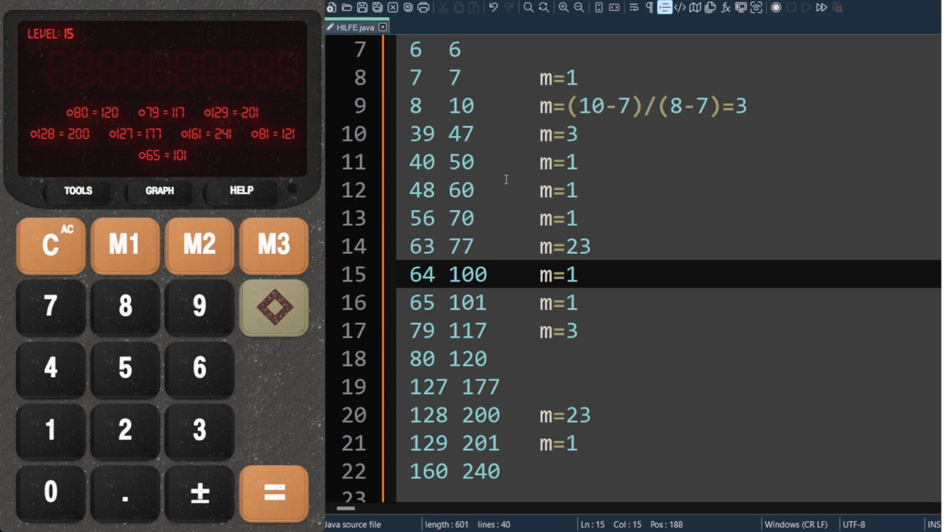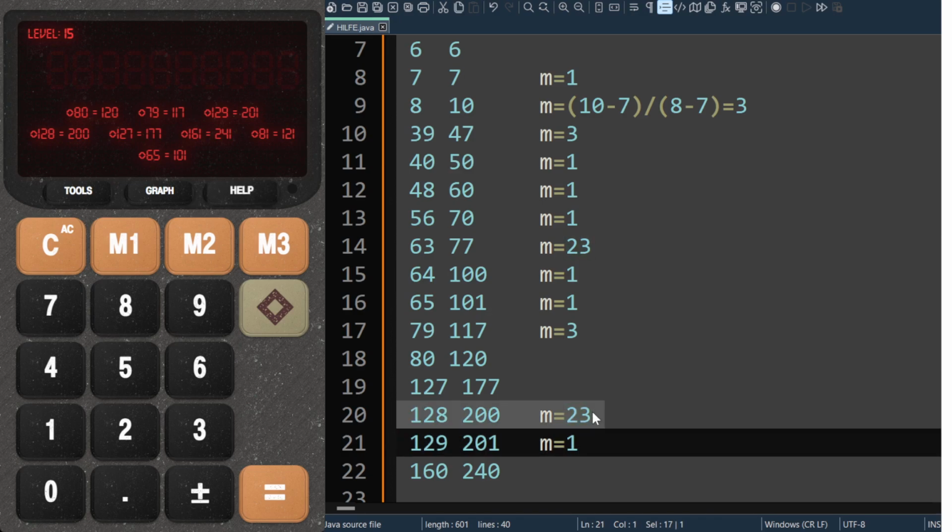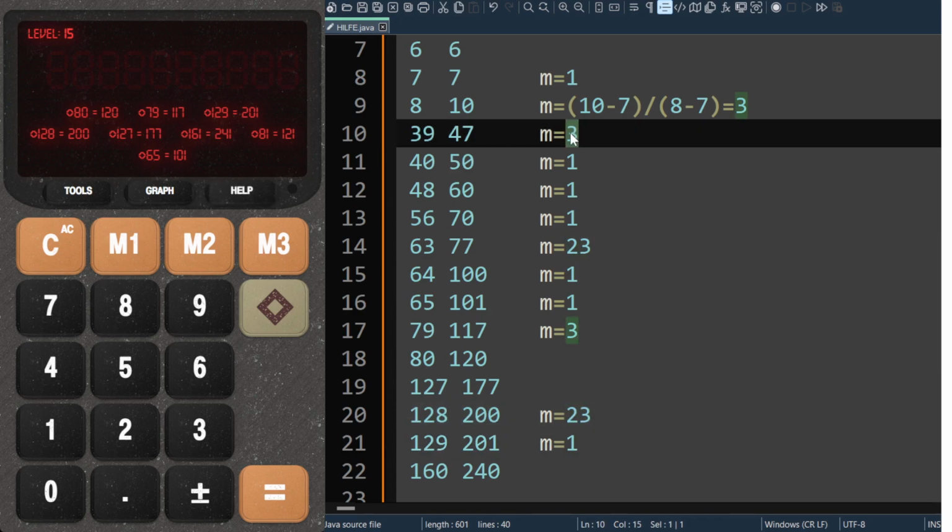If we go into the x direction, and we are at the 64th number, from the 63rd to the 64th number, we increase our number by 23 from when going up 1. Every other time when we are at a multiple of 8, we increase our number by 3.